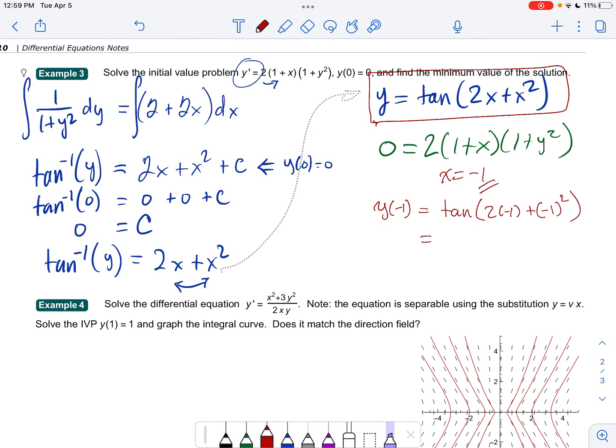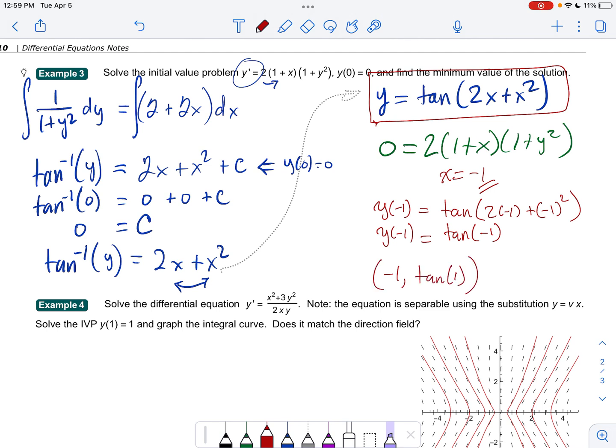Negative 2 plus 1 is negative 1, so the tangent of negative 1 is going to be our max or min, and we'll show that it actually is a minimum value.